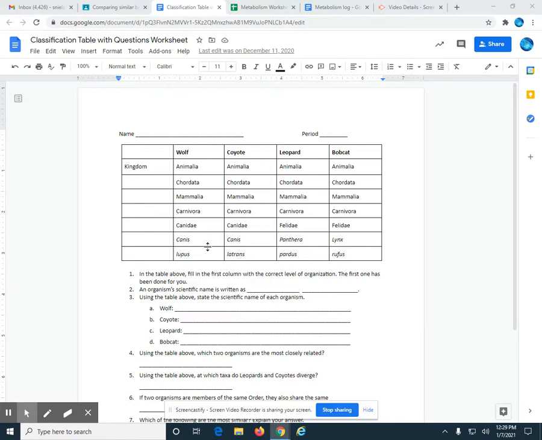For example, a liger is an offspring from a tiger and a lion. The tiger and the lion can reproduce, and they can produce an offspring called the liger, but the liger is sterile. The liger cannot mate with a tiger or a lion or another liger and produce another liger offspring.